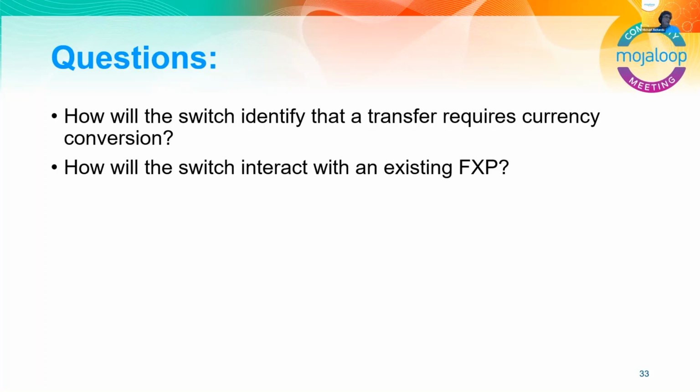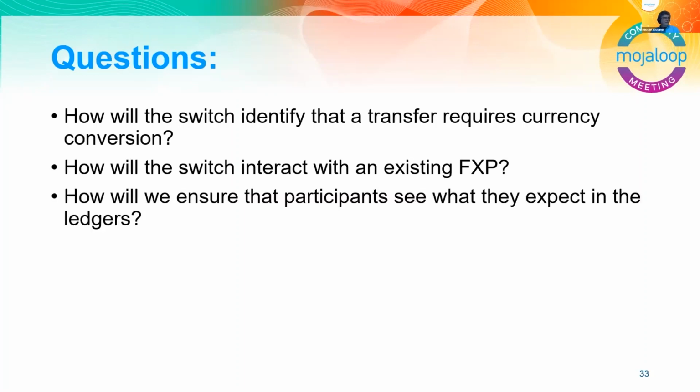Second, how will a switch interact with an existing FXP? Because, of course, it's not just the participants that we need to think about, but also the currency converter who is currently doing those functions. Third, how will we ensure that participants see what they expect in the ledgers?